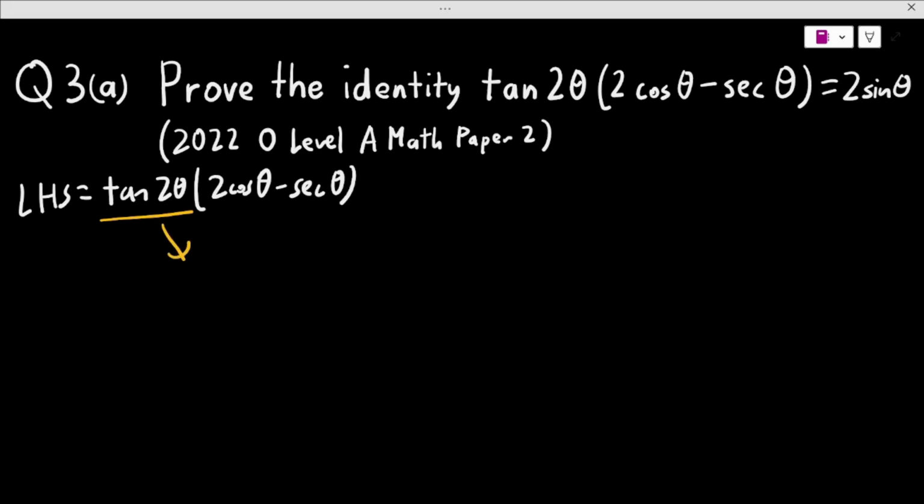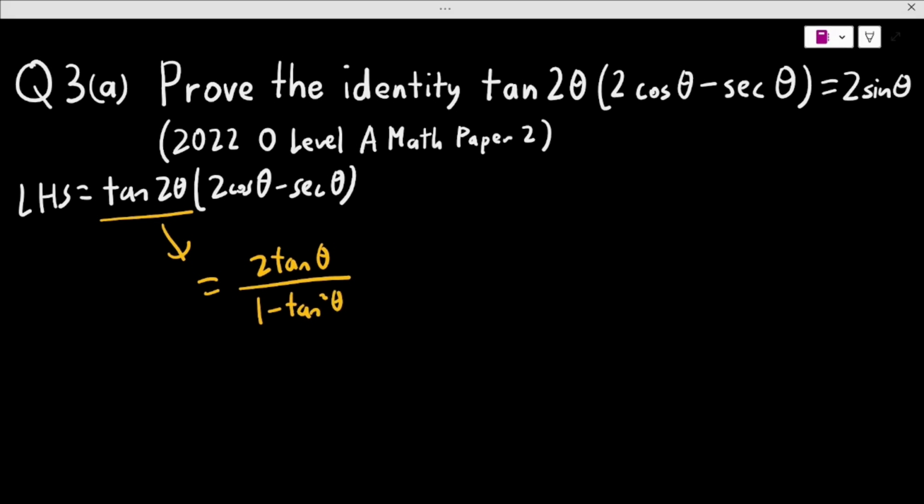If we were to rewrite this, it would be equal to what value? Well, just loading up my formula sheet real quick. This is going to be equal to 2 tangent theta over 1 minus tangent squared theta.